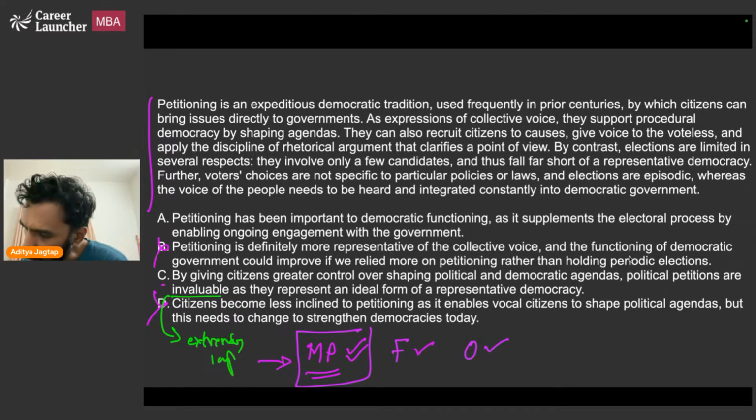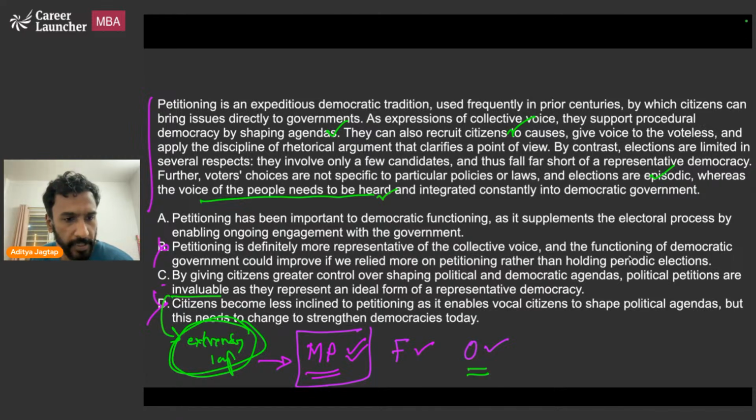If you notice, we are told that they shape democracy, they recruit citizens, and in the end, we are told they are not episodic. Voice of the people needs to be heard. So extremely important is opinion-wise not an opinion that is directly stated. So this word is a little bit of a problem.